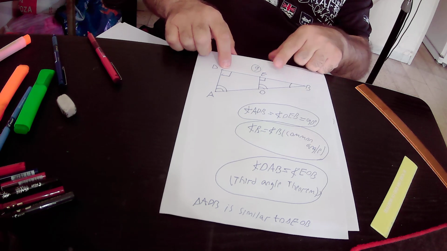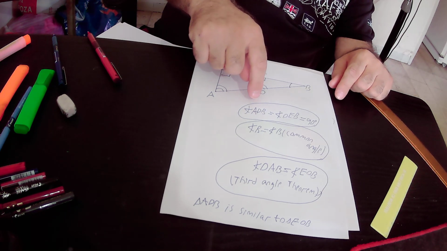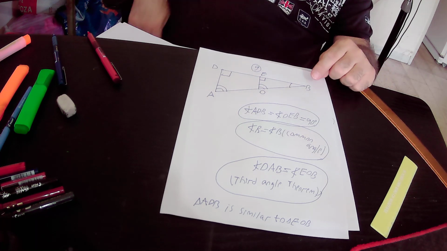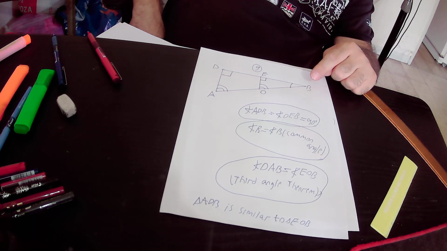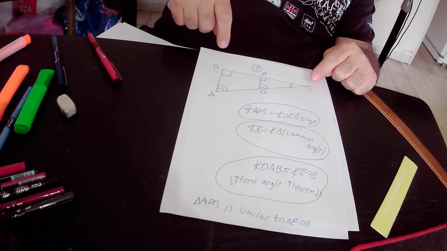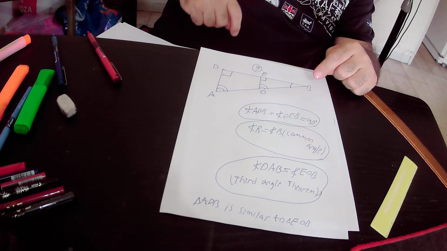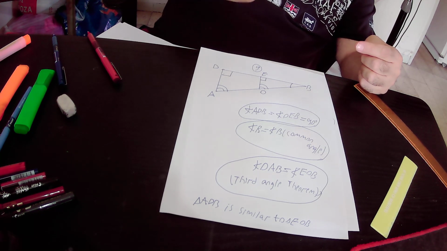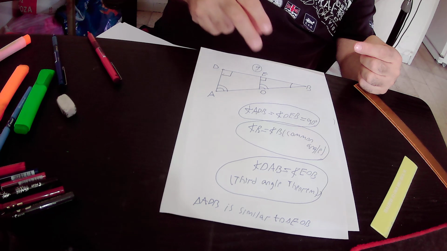Therefore they are equal to each other, so angle ADB in the big triangle equals angle OEB in the small triangle. And we also have a common angle. Angle B belongs to the small triangle, triangle OEB, and angle B also belongs to the big triangle, triangle ADB. Therefore, it is a common angle. We can say that angle B equals angle B.